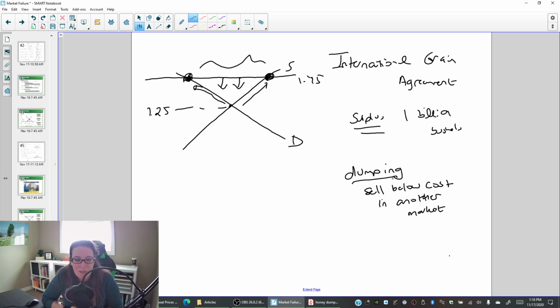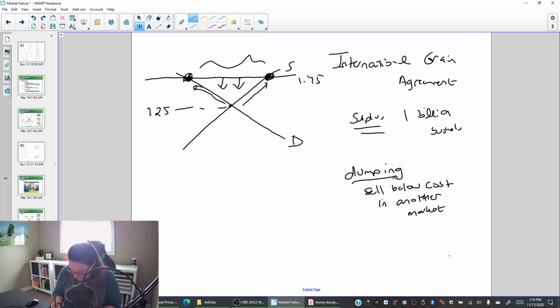You can't compete with that. In fact, Zimbabwe no longer produces wheat because of this dumping that happened in the early 70s. So today in Canada we have laws against dumping. We don't want other countries to sell below cost in our market, destroying our producers who can't compete. Okay, so we have laws that ban it.